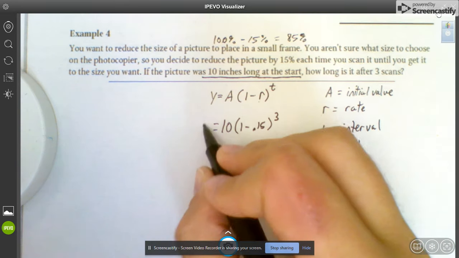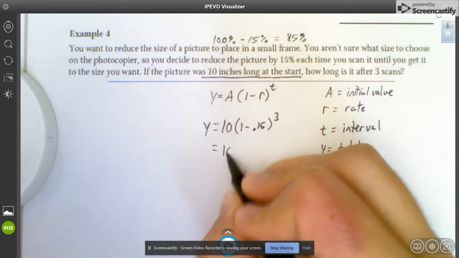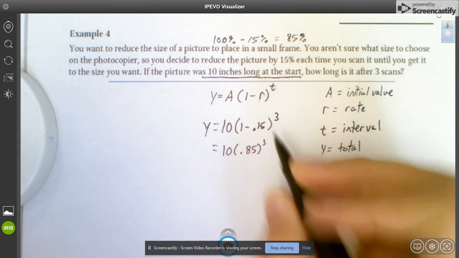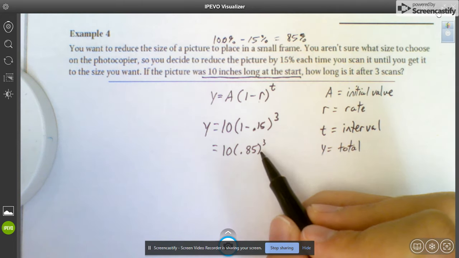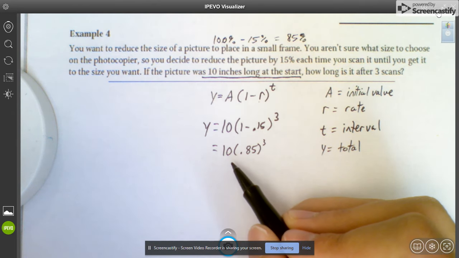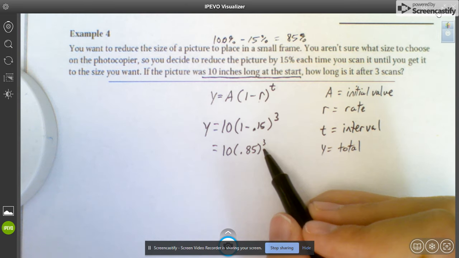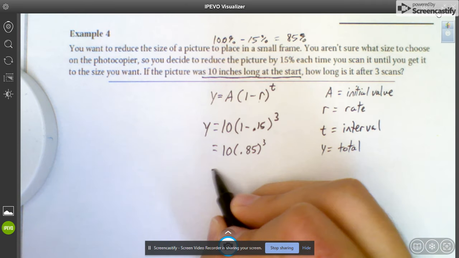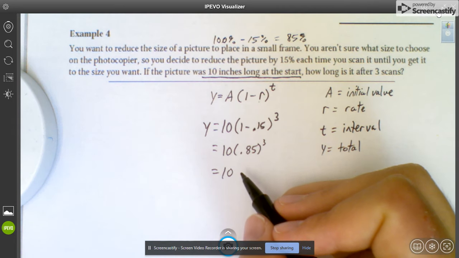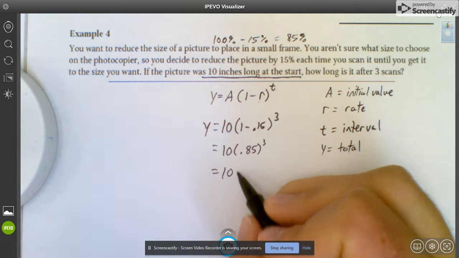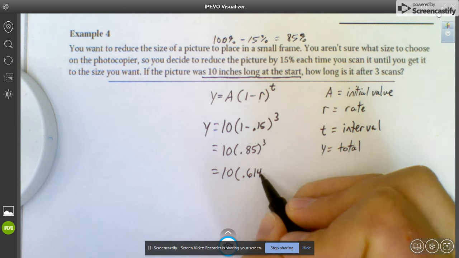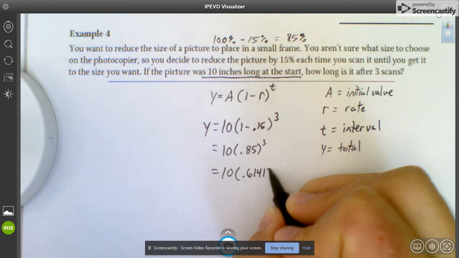So if I clean that up a little bit, that's 10 times 0.85 to the third. And again, this means 0.85 times 0.85 times 0.85, and then multiplied by 10. Okay, the 10 is not affected by that exponent of 3. So that becomes 0.614125.